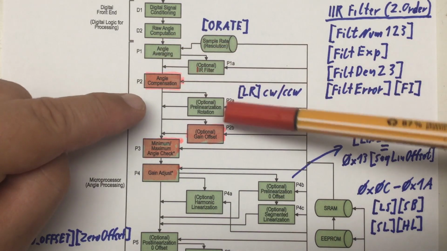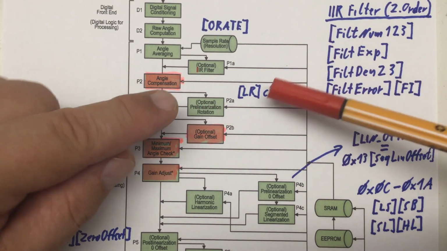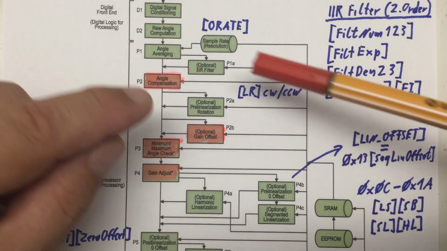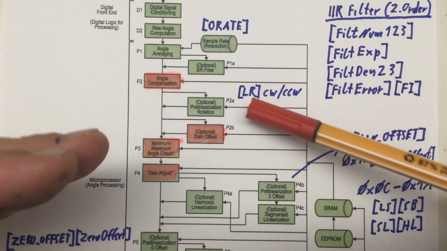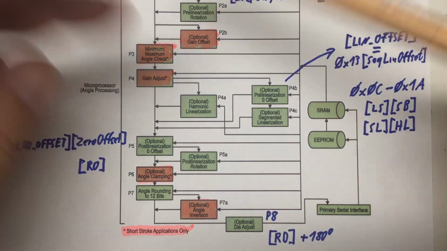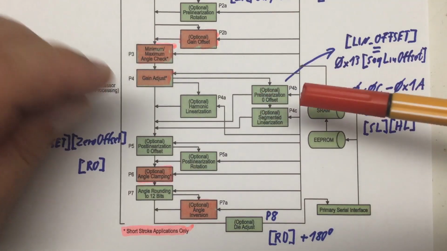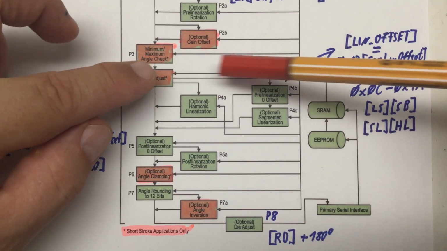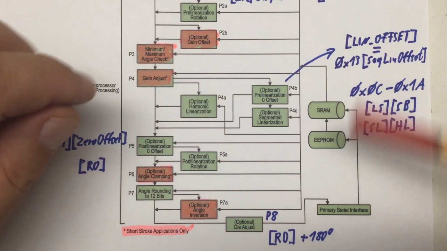Anyway, then you have an optional pre-linearization rotation. That's just a flag that tells you if the chip should measure the magnetic field clockwise or counterclockwise. Then, if we are using linearization, more about that in a second, we have an optional pre-linearization offset.